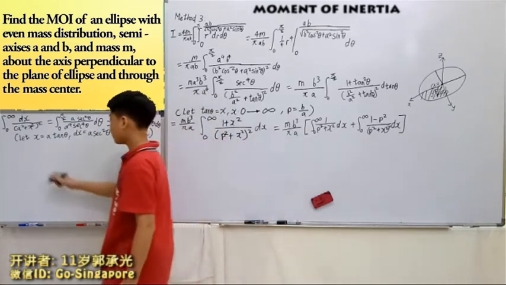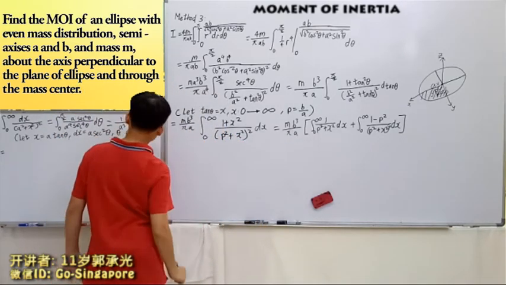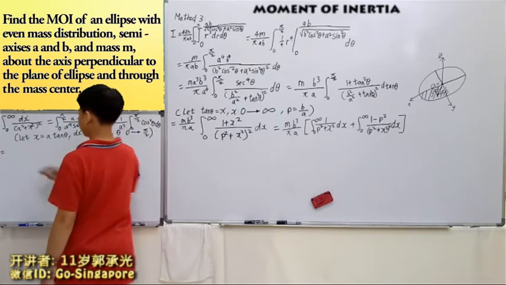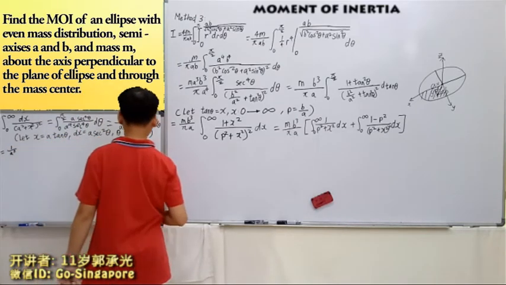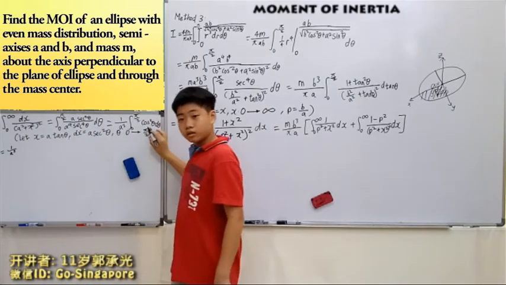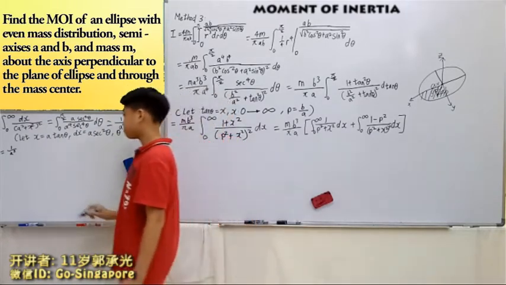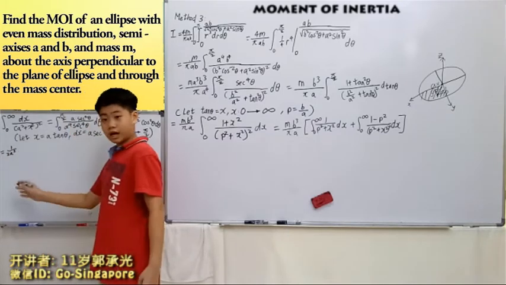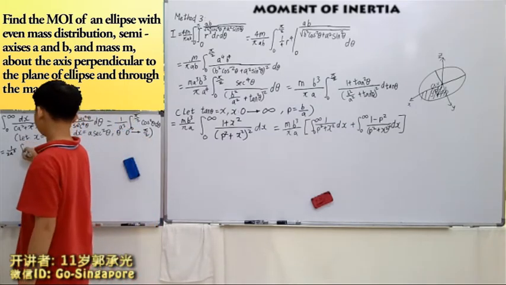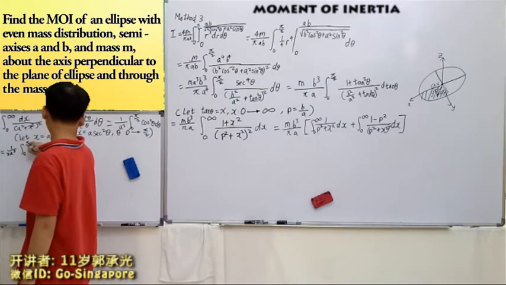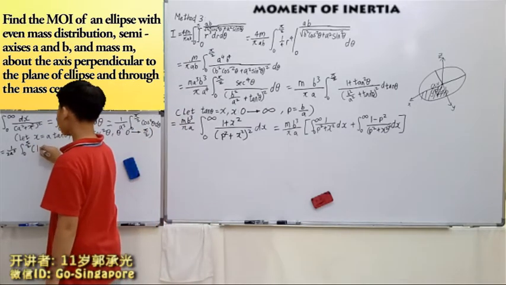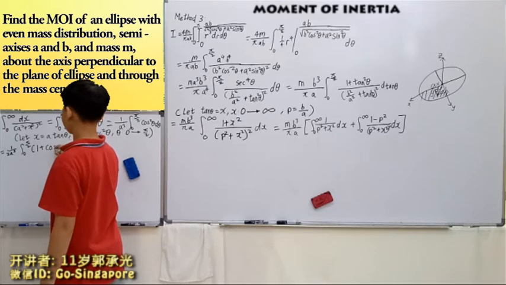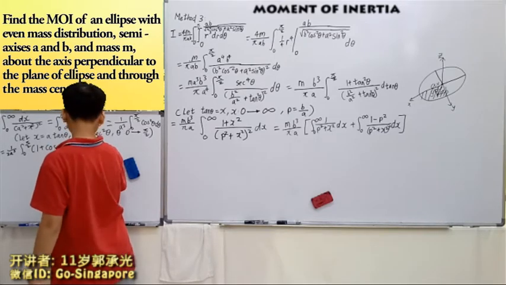Like this. And then after that, this would be equal to 1 over a cubed, maybe double angle formula, another half, 0 to half pi. Inside, that will become 1 plus cosine 2 theta.